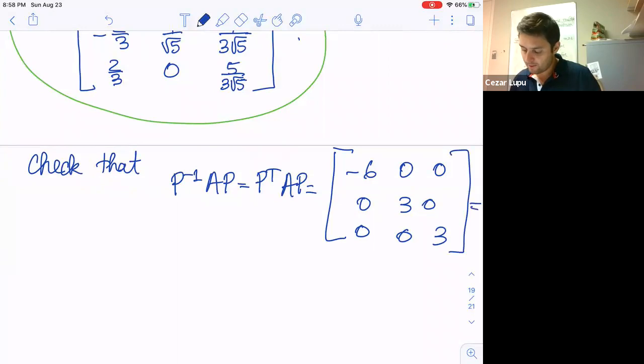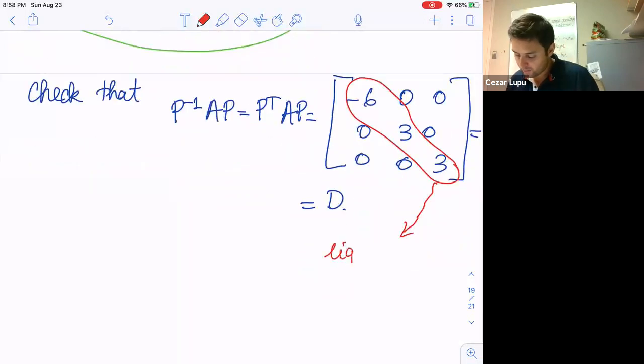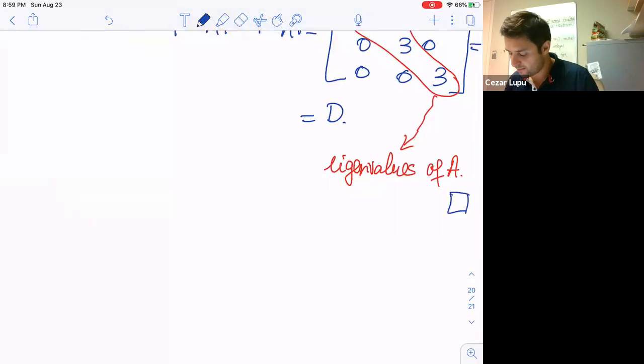This is the matrix D, which is diagonal, and if you look at the main diagonal of this matrix, you will find the eigenvalues of A. And that's the end of the problem.